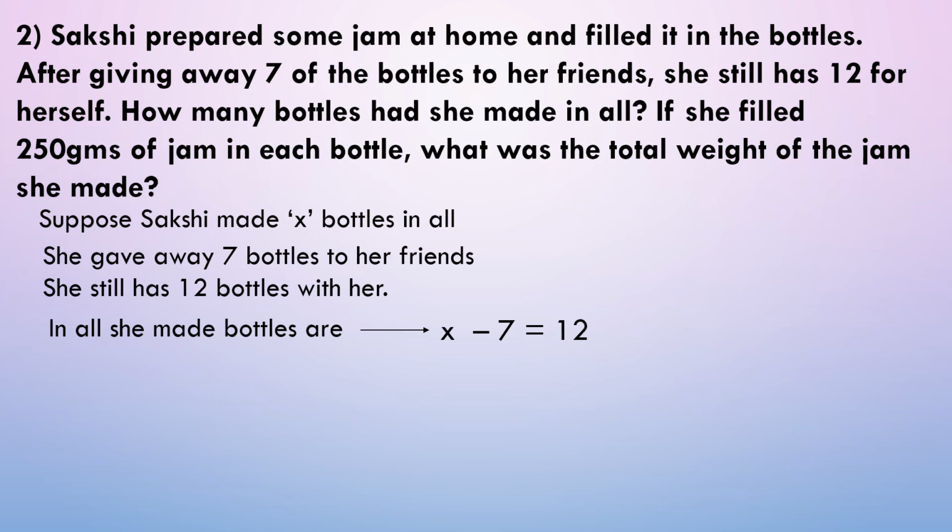So which property will you use? Addition property. So X minus 7 plus 7 on both the sides. Minus 7 and plus 7 become 0.